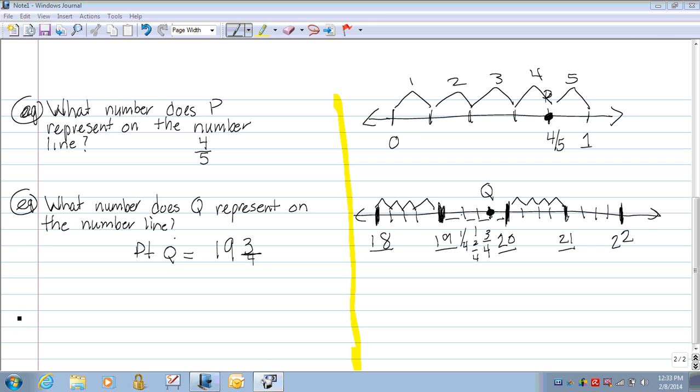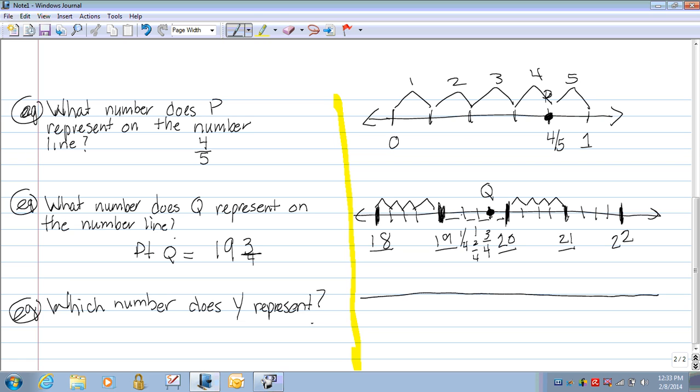The last example we're going to give for our notes is, which number does Y represent? I'm going to draw my number line over here. This time I'm going to write the number 32.